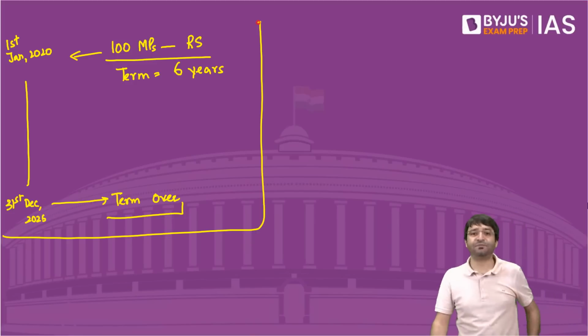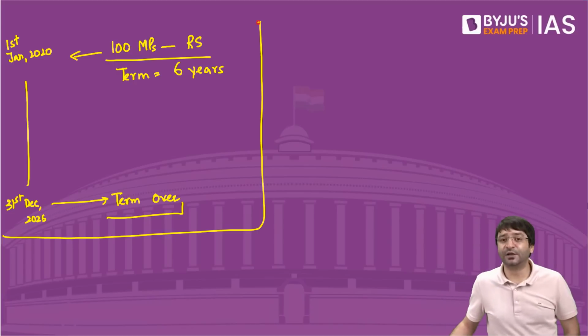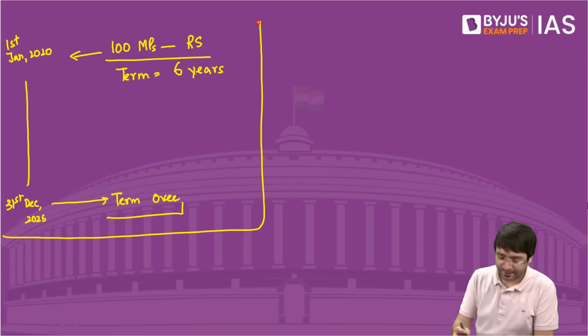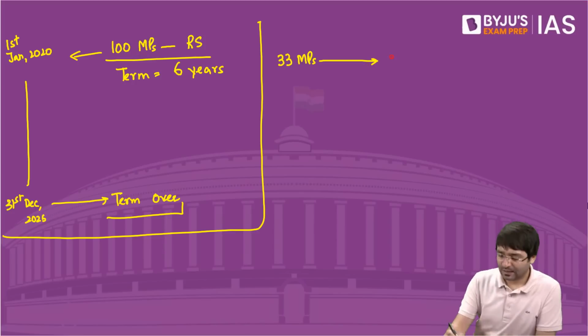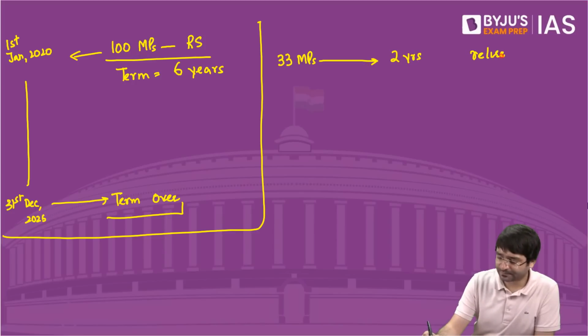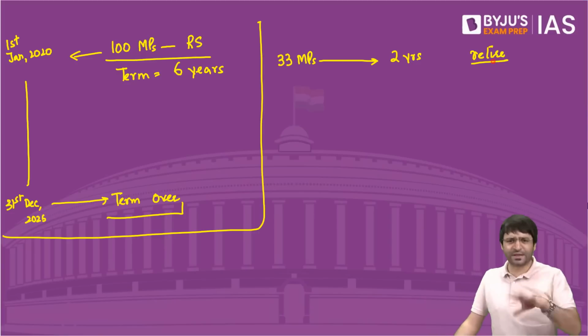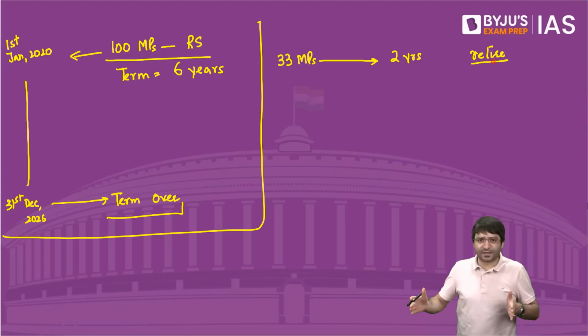For that, in 1951, when the Rajya Sabha was set up for the first time, we decided to do something. And what did we say? Out of these 100 MPs, after 2 years, 33 MPs will retire. They will resign. Why? 100 is the strength of Rajya Sabha.